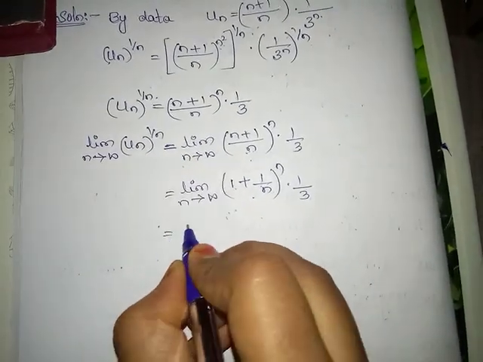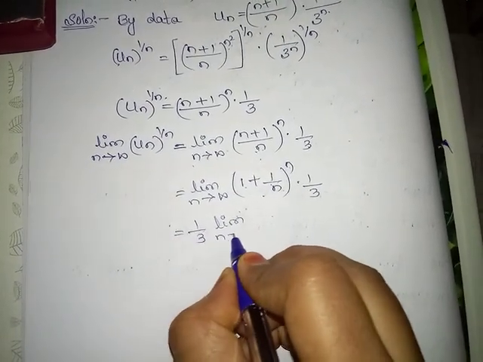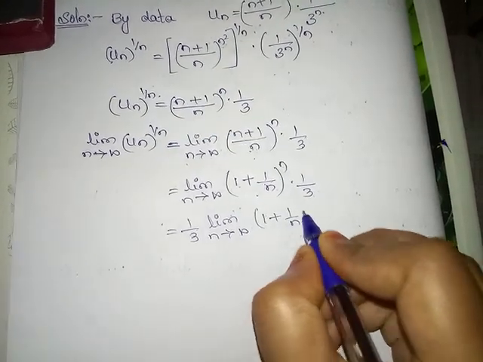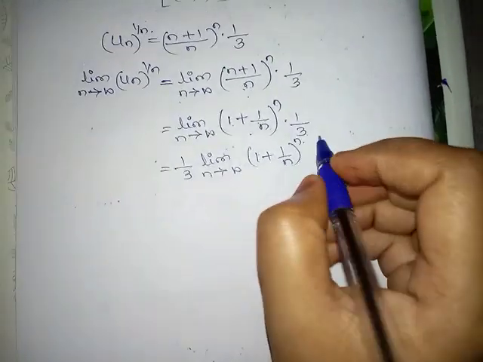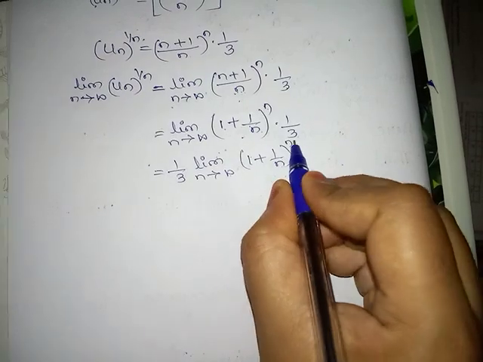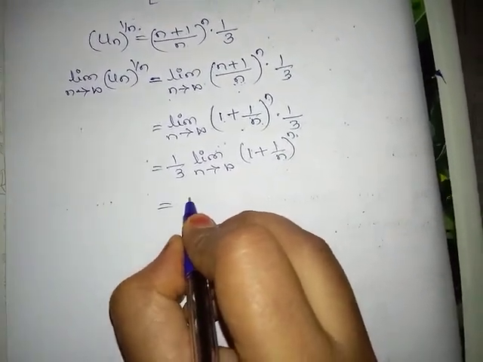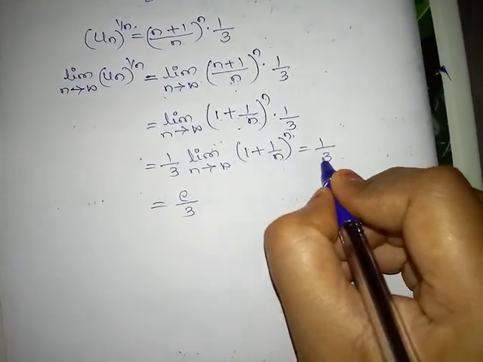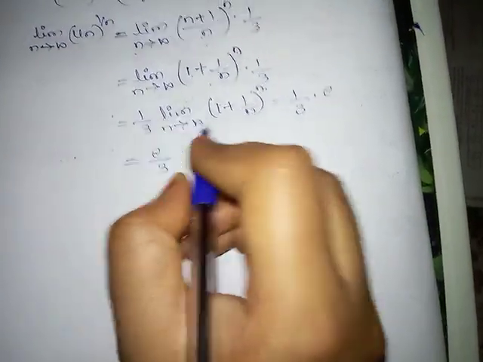Since 1 by 3 is a constant, we write 1 by 3 into limit n tends to infinity (1 plus 1 by n) raised to n. From our standard result, limit n tends to infinity (1 plus 1 by n) raised to n is e, so it is 1 by 3 into e, which is e divided by 3.